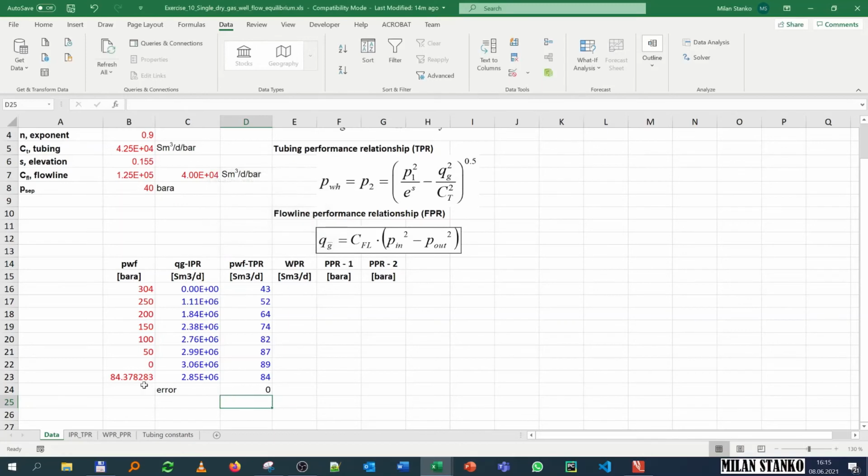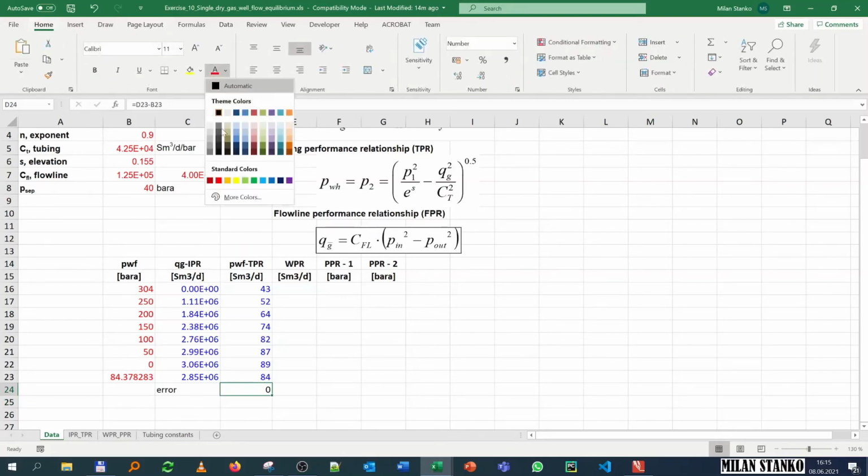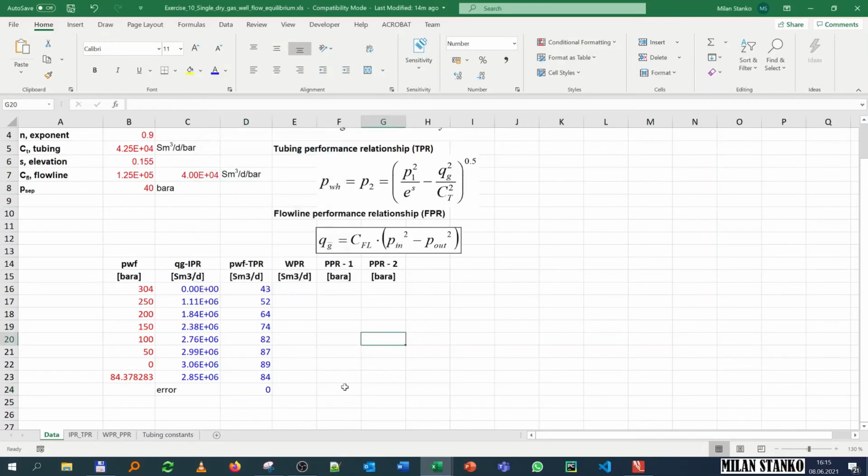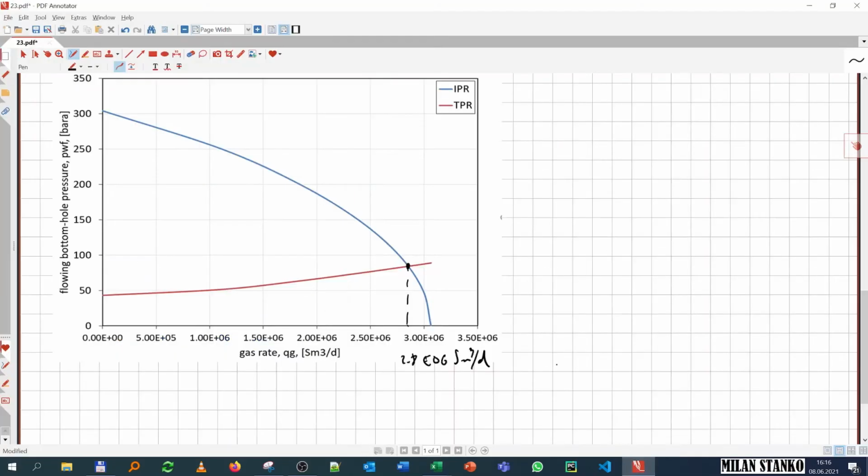So that's the solution, 84 and 2.85. That's how I found my equilibrium point. Okay, 84.37 and 2.85, and this is 84.87 bar.